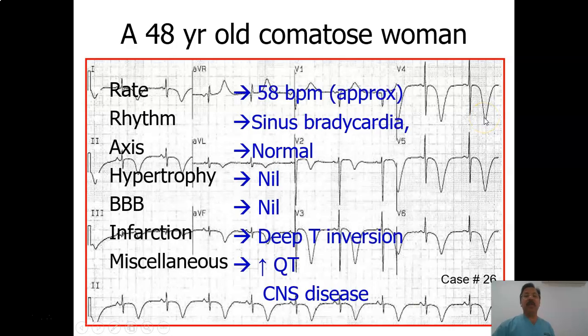So the findings in this ECG include the heart rate of 58 beats per minute, sinus bradycardia is the rhythm, no axis, hypertrophy nil, but probable possibility of left ventricular hypertrophy, no bundle branch block, and deep T wave. QT interval is also prolonged here because of wide and deep giant T wave and slow heart rate. So this is a CNS disease.